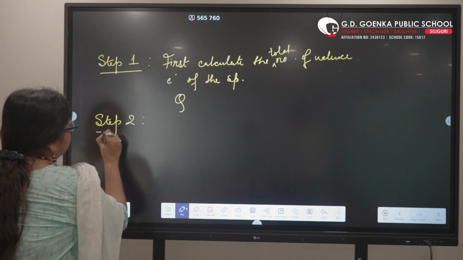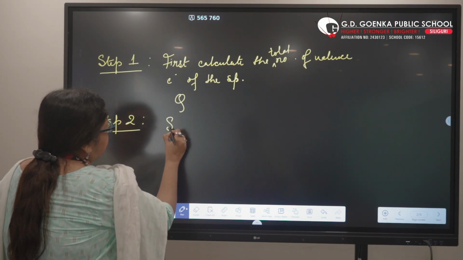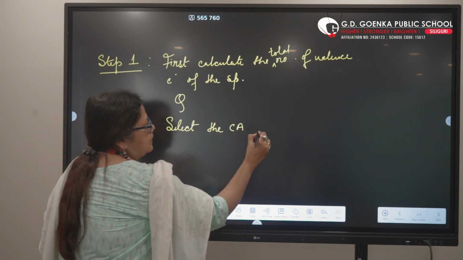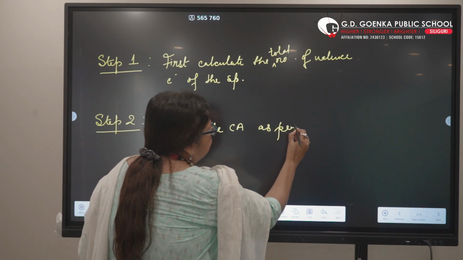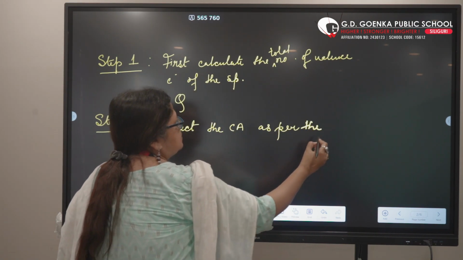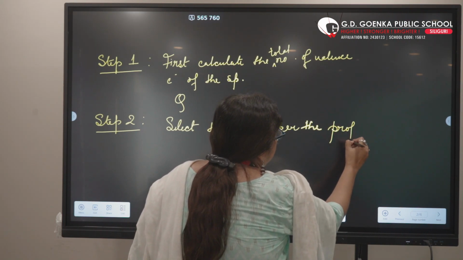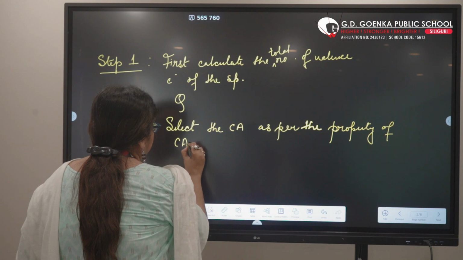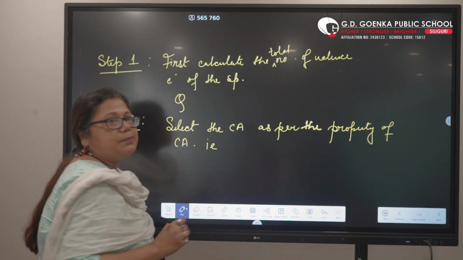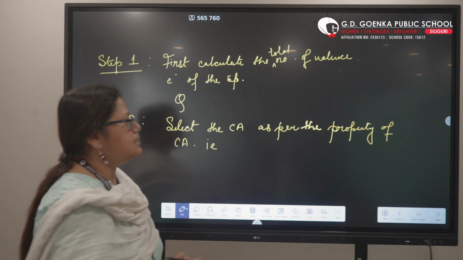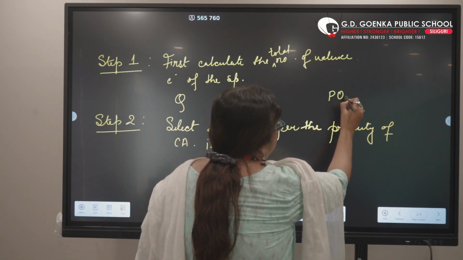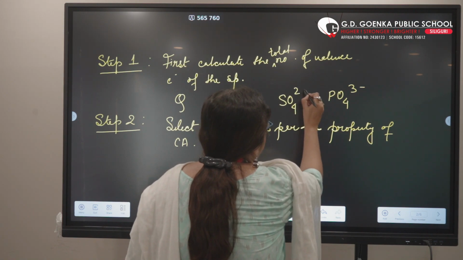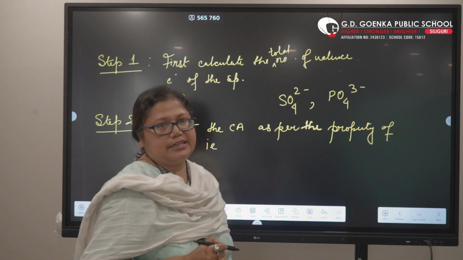Okay, then step 2: select the central atom as per the property of the central atom. Suppose we have an anionic species, for example PO4 3 minus, SO4 2 minus. Now what can be the central atom?